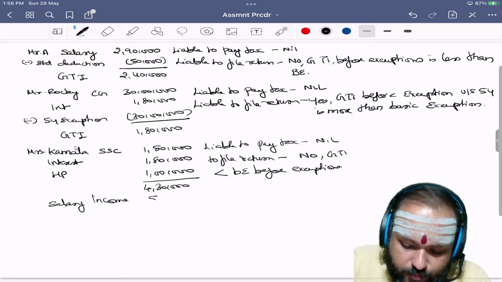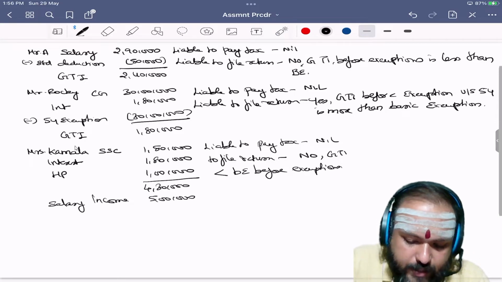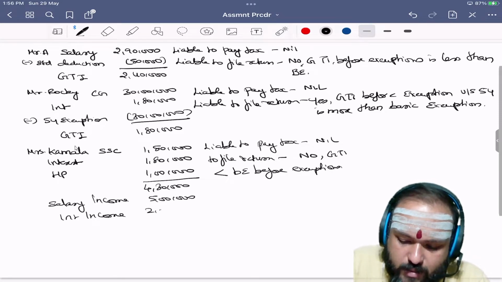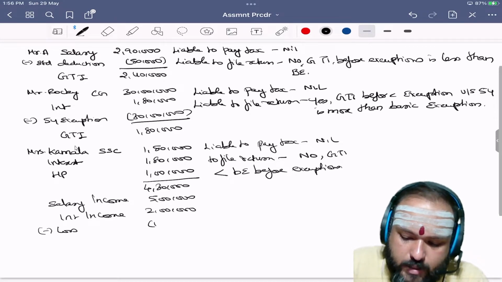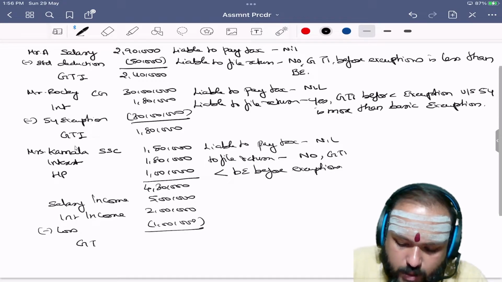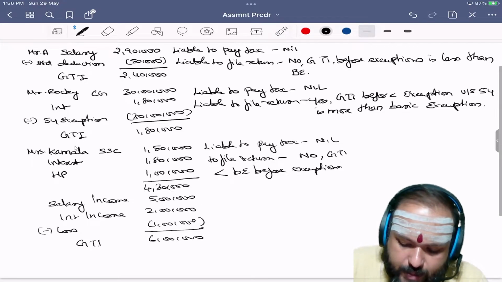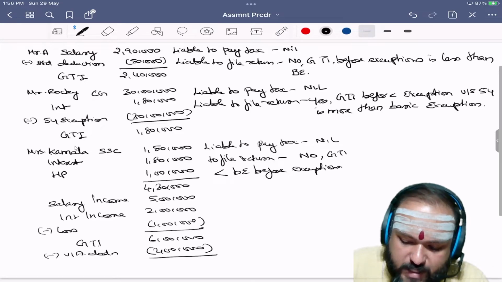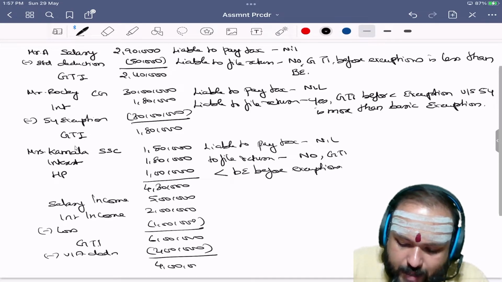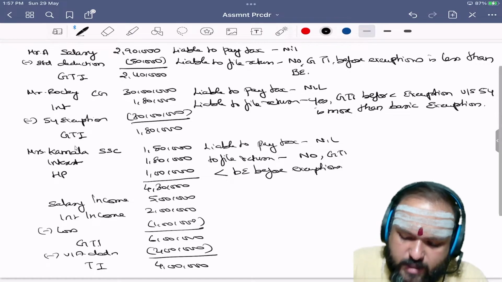Salary income is 5 lakhs, and then interest income is 2 lakhs, and loss under house property is 1 lakh, so that will be a reduction. So he has gross total income of 6 lakhs and Chapter 6A deductions of 2 lakhs, 1 lakh 50 thousand plus 50 thousand. Therefore, his taxable income is 4 lakhs.